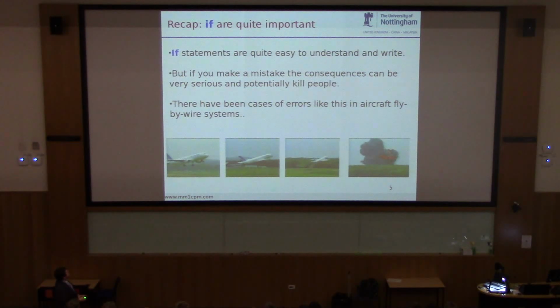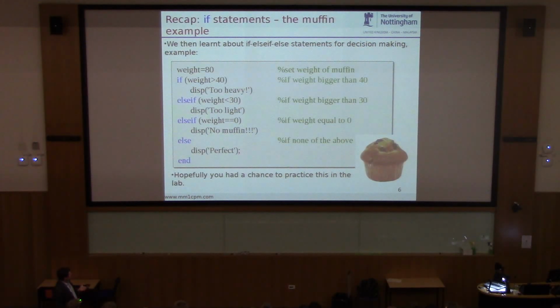And then we looked at if statements killing people. So if you get them wrong, bad things can happen. We had a little play with a muffin example, and we wrote some code together and learned about these if, else if, else, end statements. We've set the variable weight to 80. If weight is bigger than 40, it displays too heavy. If this isn't the case, it moves on to the next statement.